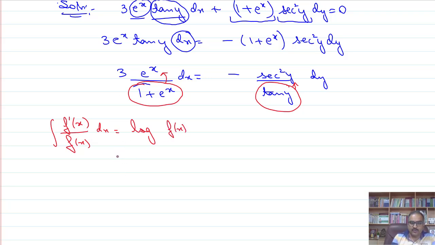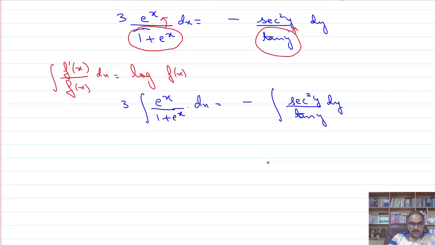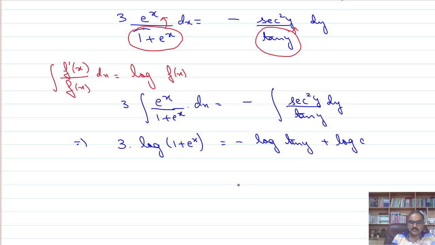So I'm integrating both sides of this equation, so I'm getting 3 times integral e raised to power x over 1 plus e raised to power x dx is equal to minus integral secant square y over tan of y dy. So that comes to be 3 times log of 1 plus e raised to power x is equal to minus log of tan of y plus log of constant c.